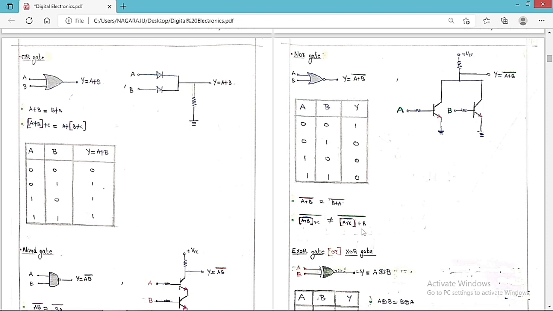So we can say that the associative property is not satisfied by the NOR gate. Only the commutative property has been satisfied by the NOR gate.